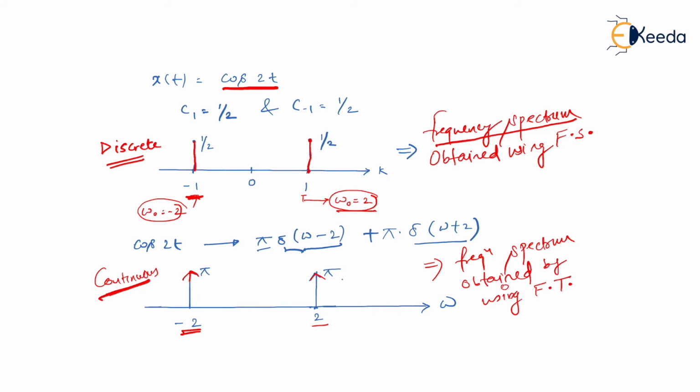Therefore, since we have a continuous frequency domain, we have a continuous impulse function, whereas over here we have impulse functions that are discrete in nature. That is in case of a frequency spectrum for Fourier series. So we are still getting the same things, only the representation is different.